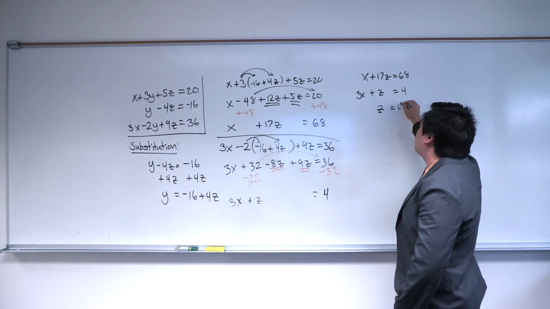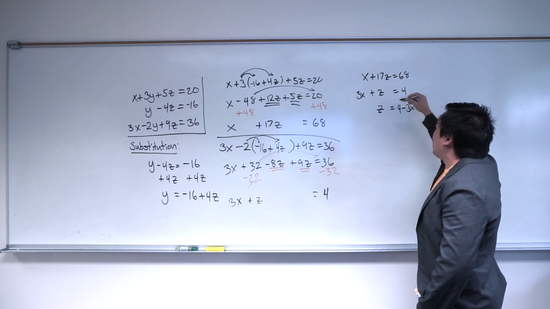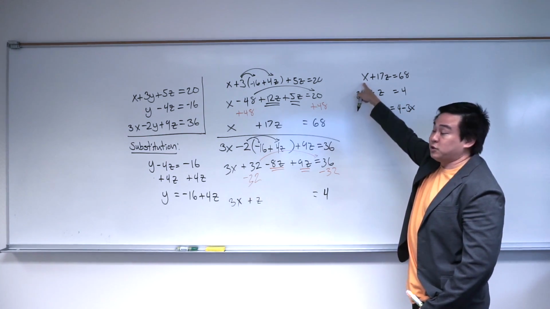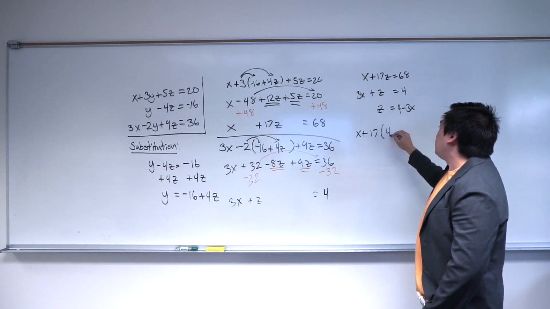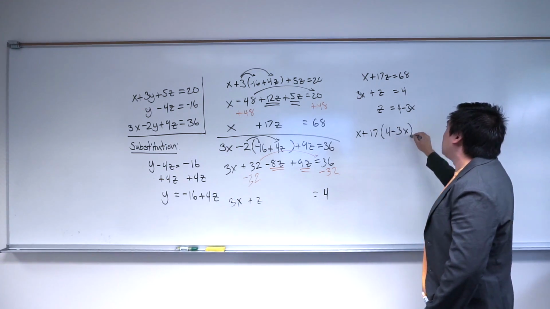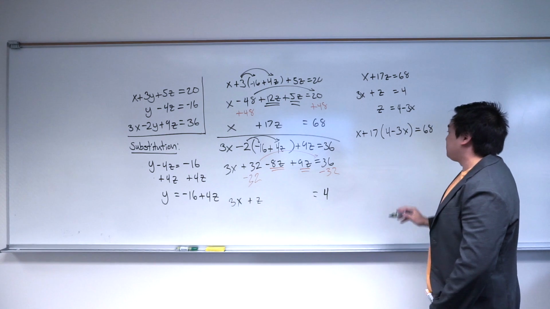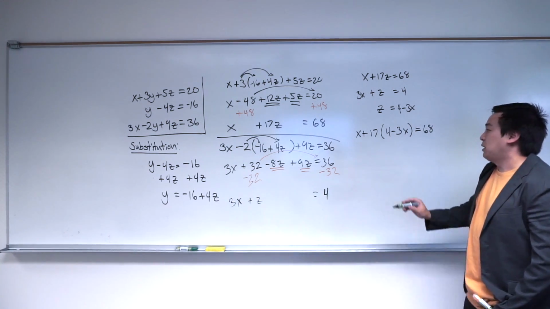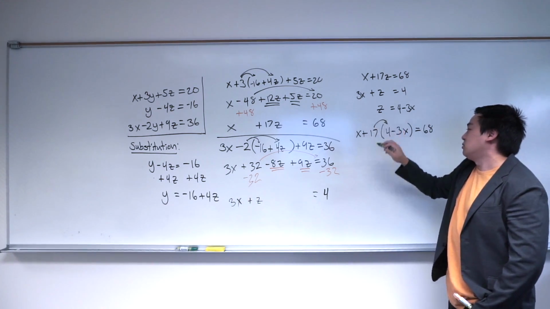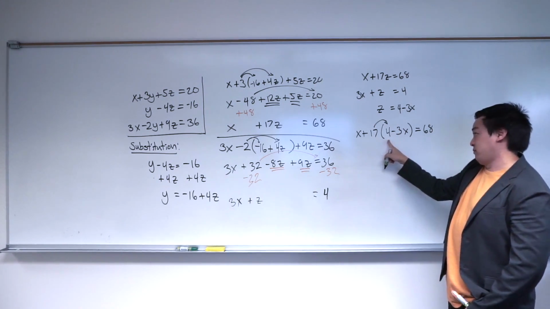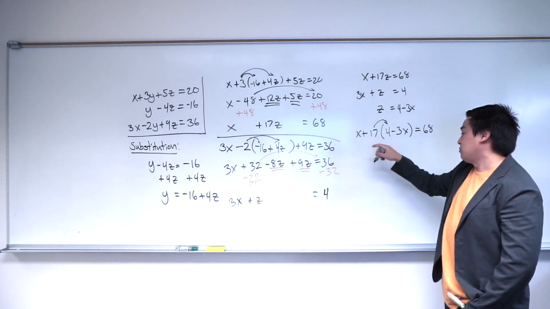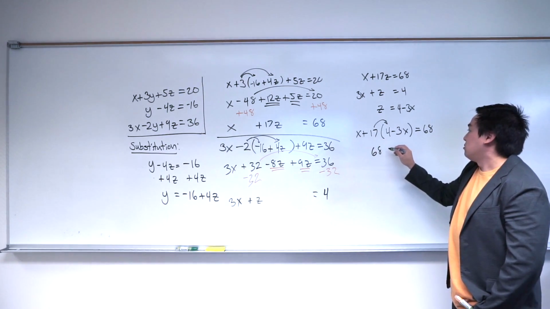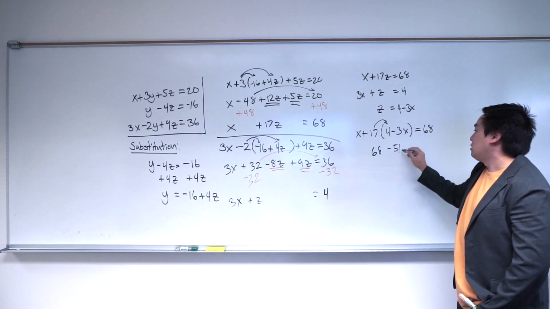So z is equal to 4 minus 3x, and then plug into the other equation. So x plus 17 times parentheses 4 minus 3x is equal to 68. And again, distribution.